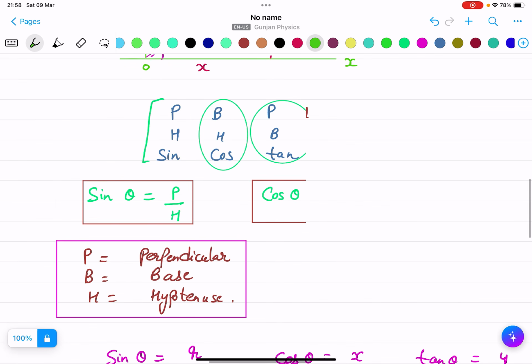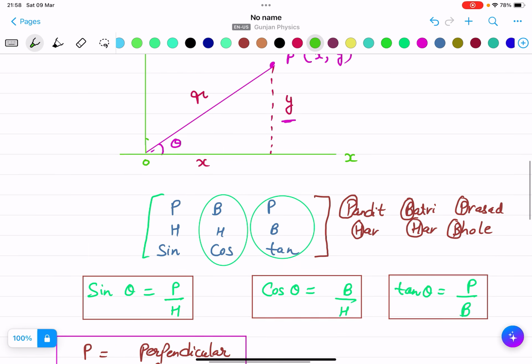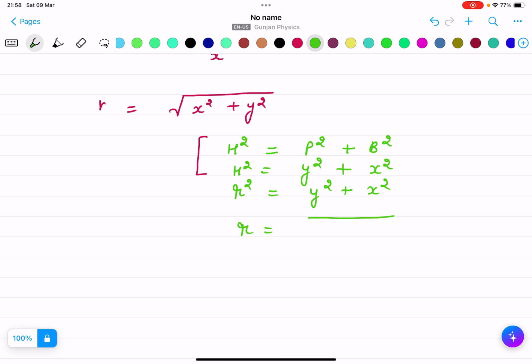From this figure, the perpendicular is y and the base is x. So I can write h square equals y square plus x square, and hypotenuse is basically r. So r square equals y square plus x square, and r equals under root x square plus y square.